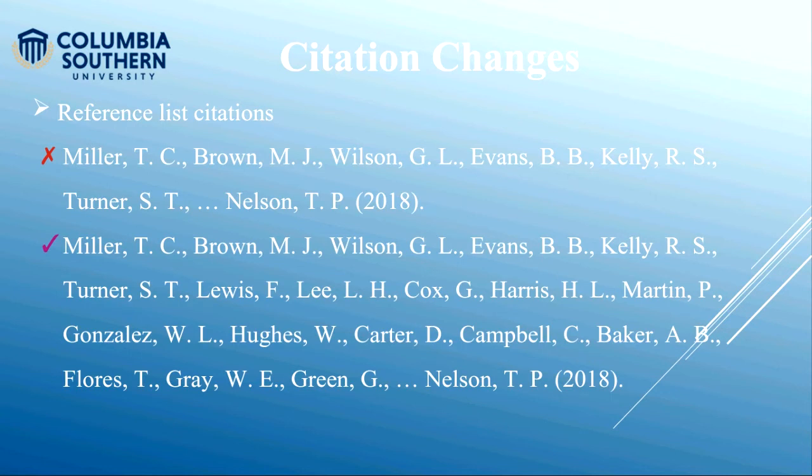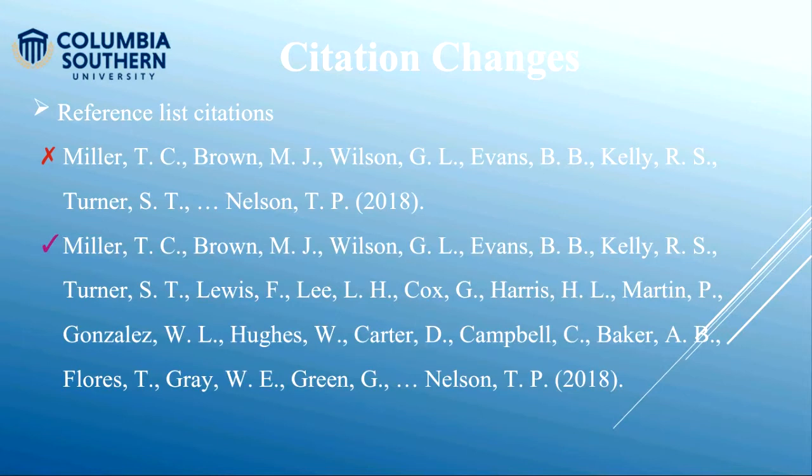In a rare case where you actually have a source that has more than 20 authors, only list the first 19 authors and the last author. In between the 19th author and the last author, simply place an ellipsis.